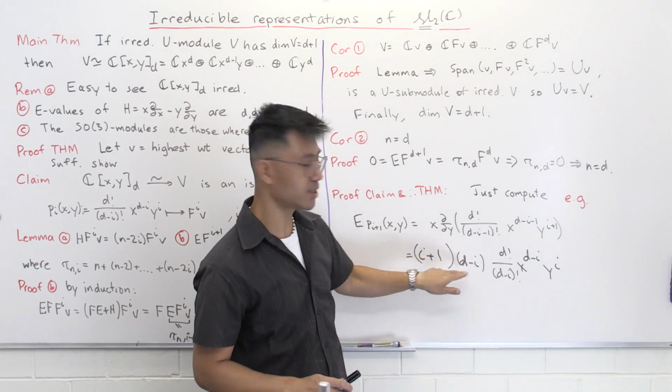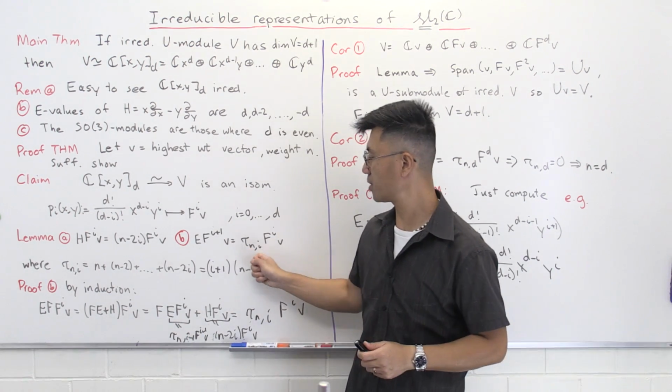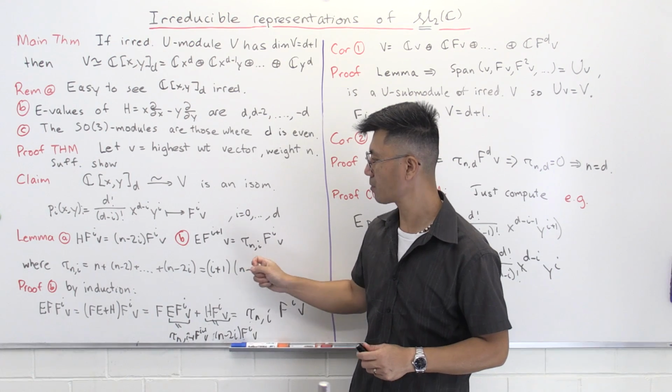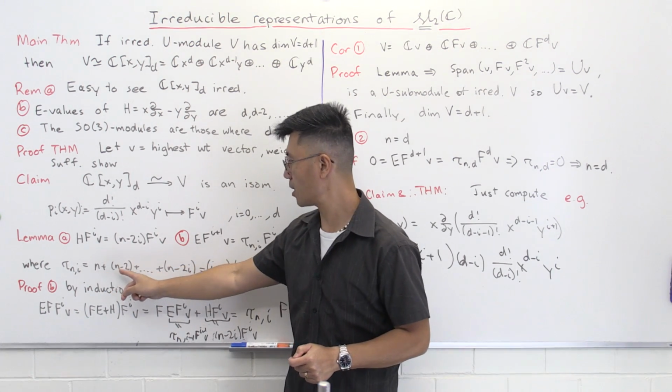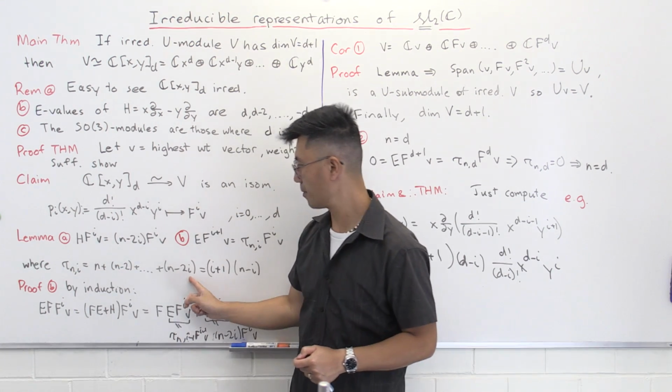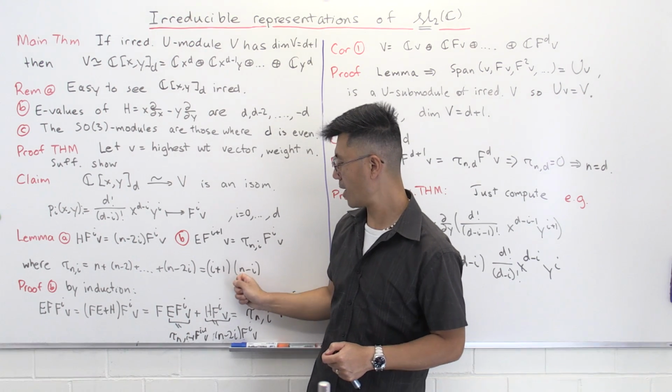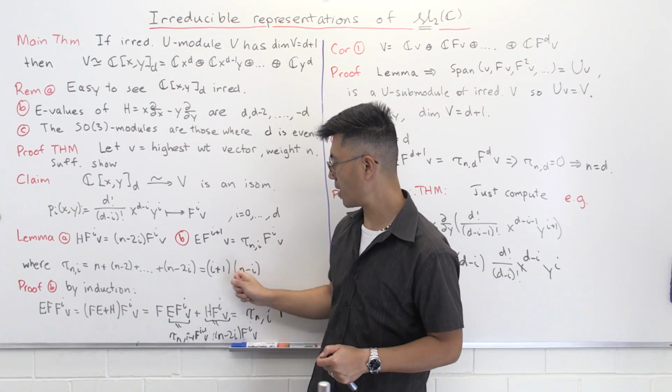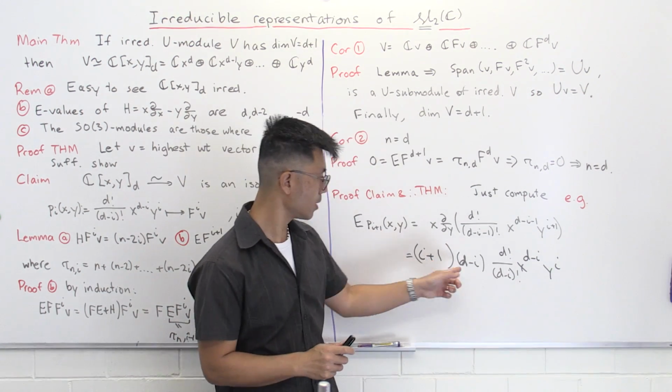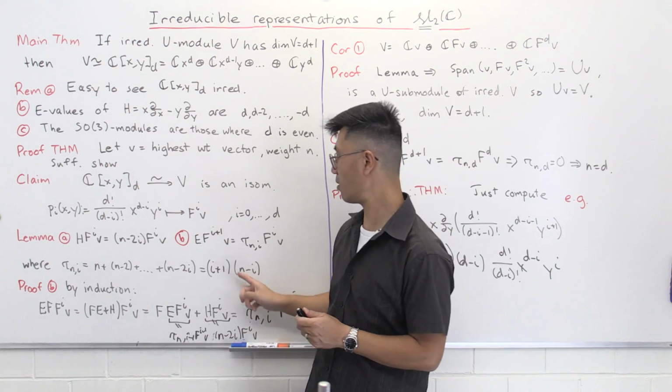Remember, n equals d. So this is just tau di. And this term here, d minus I times I plus 1, is just tau di.